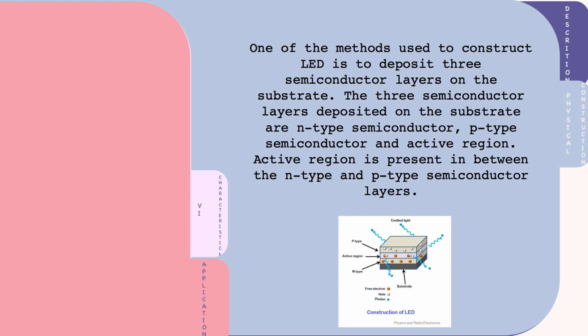When the LED is forward biased, free electrons from the N-type semiconductor and holes from the P-type semiconductor are pushed towards the active region. When free electrons from the N side and holes from the P side recombine with the opposite charge carriers in the active region, an invisible or visible light is emitted.